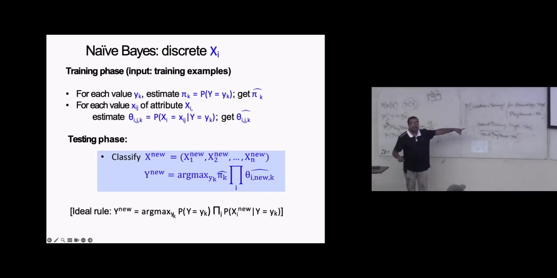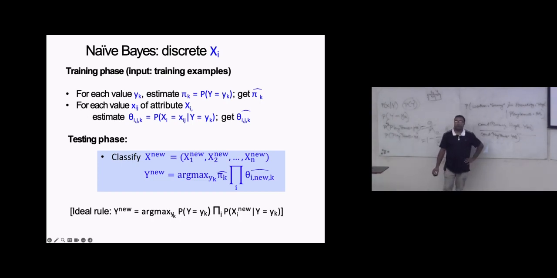So that's why we made this naive Bayes assumption that instead of this, we'll do something else. We will compute individually the count of sunny with yes, and then another count of humidity high with yes, each divided by the count of yes.